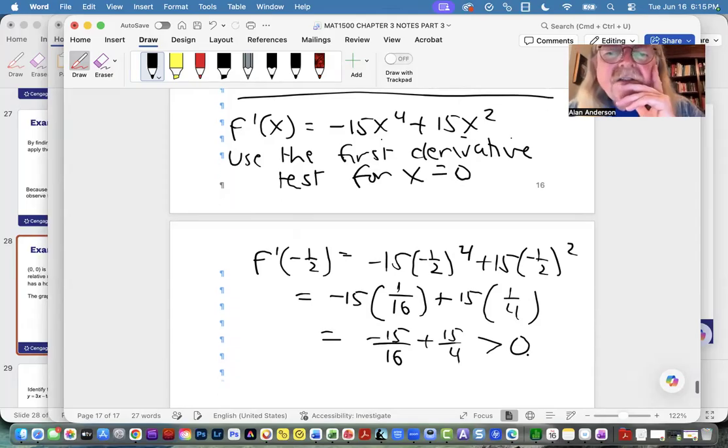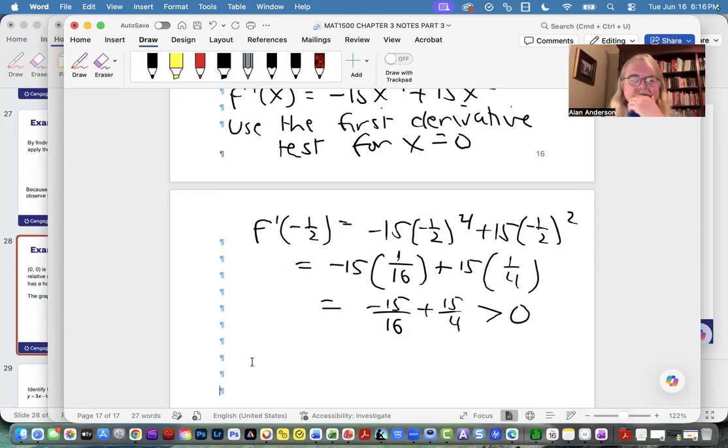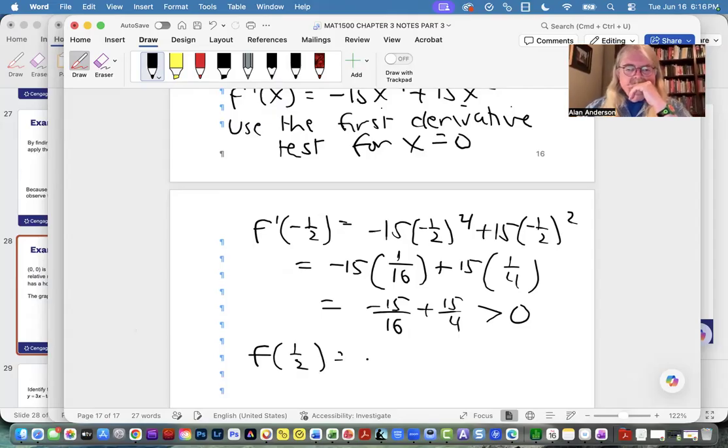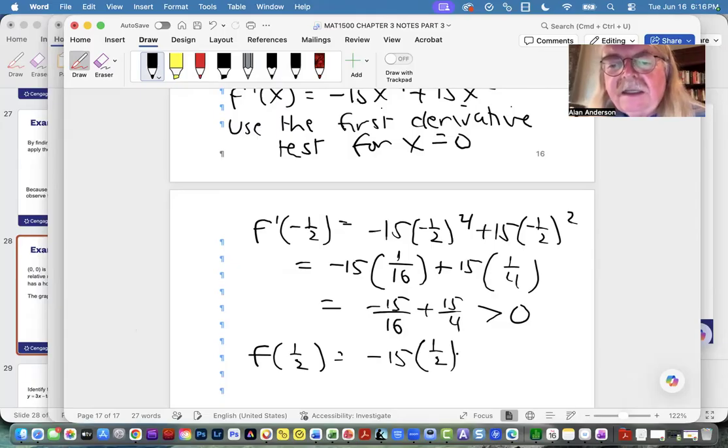And then on the other side, let's try f of positive one half. Yeah, you see, there's the problem. Positive, negative, it won't matter because these are both even exponents. It's going to be the same thing.